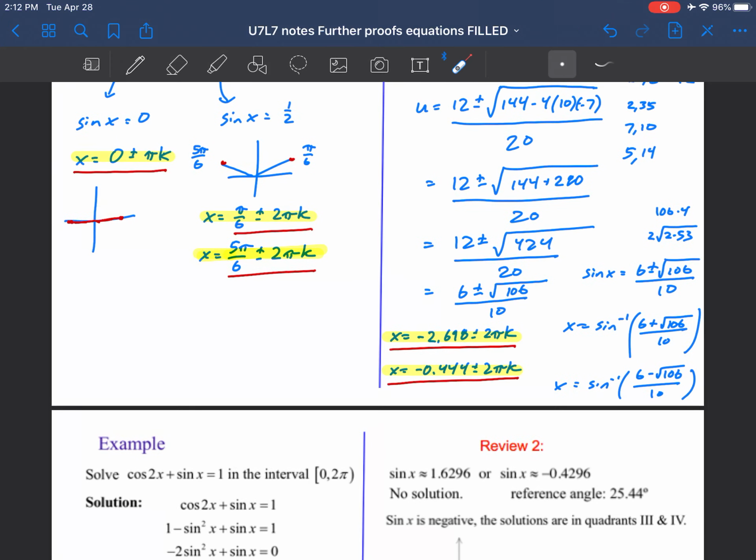So I'm going to cross this out now, and you'll see it in the filled in notes, but this portion has no solution, okay?